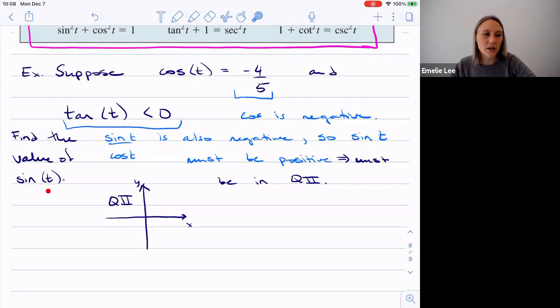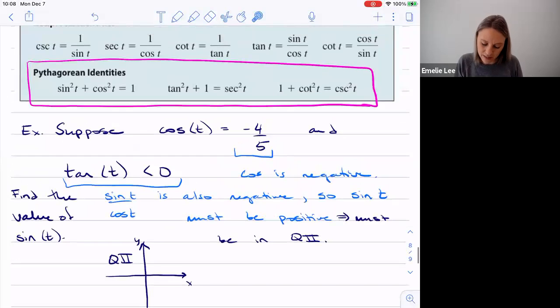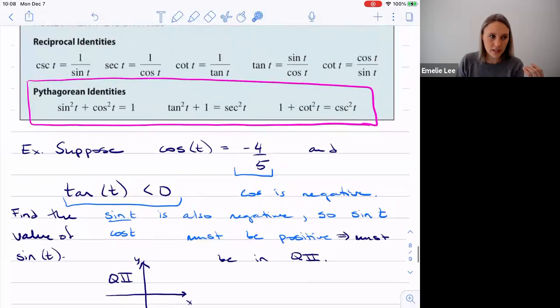So finding the value of sine t is going to be, okay, so I have the cosine. I know that my sine t must be positive. And what are some things that I could use, right? So here I see that cosine is in the secant, but that also means I've got 1 over cosine squared. Fine, I can do that. And then 1 plus, and then tan squared is sine squared over cos squared.